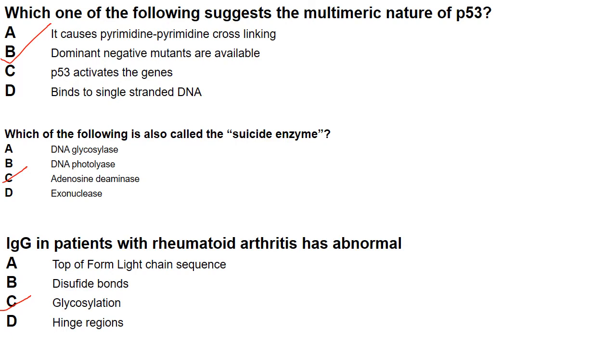Then next one. Which one of the following suggests the multimeric nature of P53? So the answer here is dominant negative mutants are available.